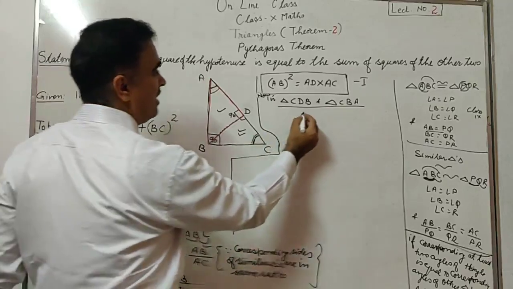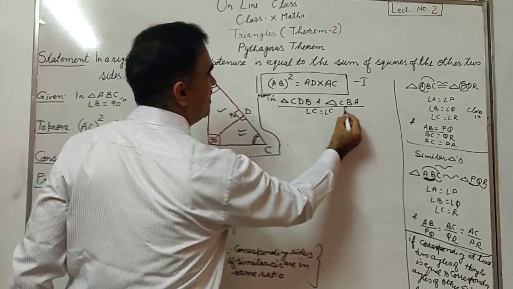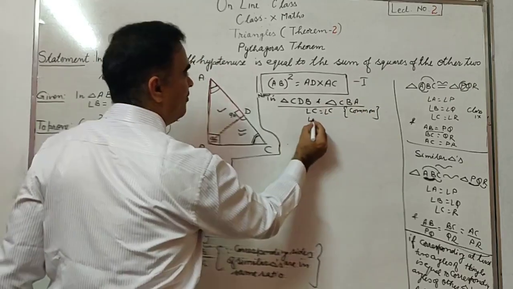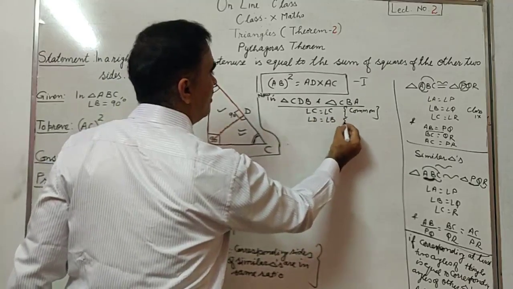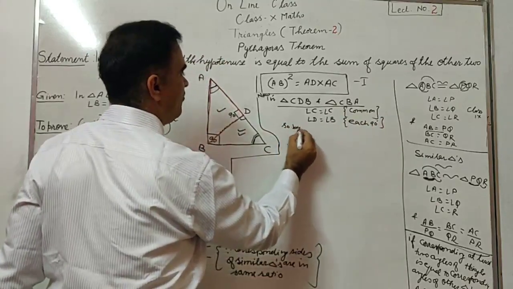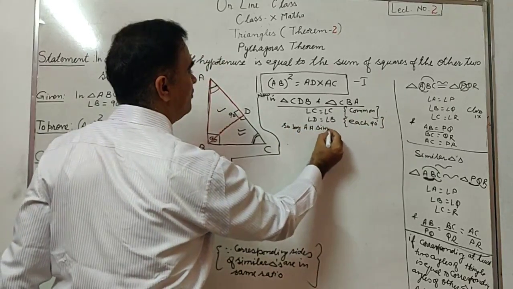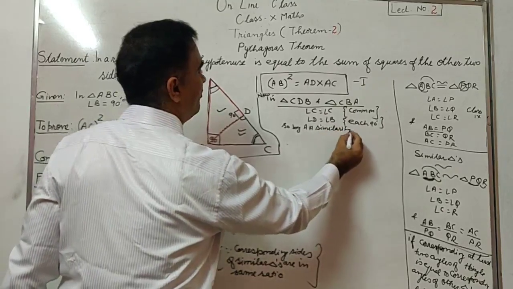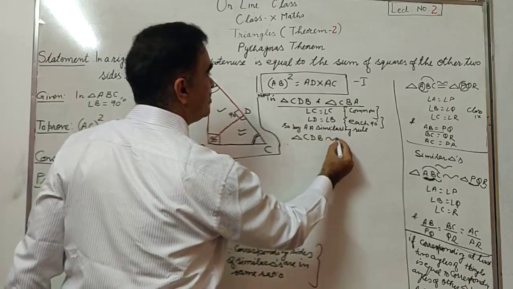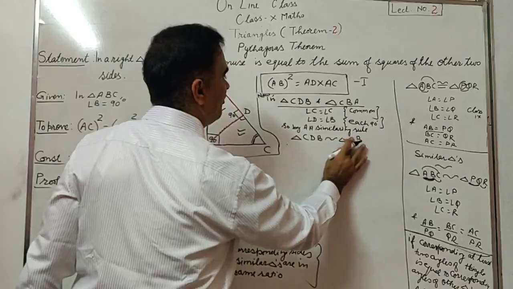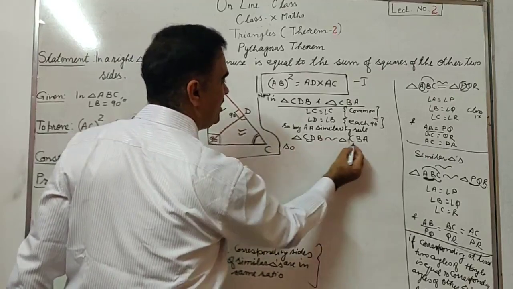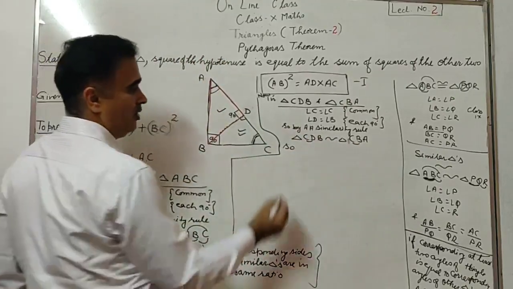In the same way, angle C equal to angle C, that is common. Angle D equal to angle B, each 90 degrees. So in the same way, by the similarity rule, triangle CDB is similar to triangle CBA, and when the triangles are similar, corresponding sides are in the same ratio.